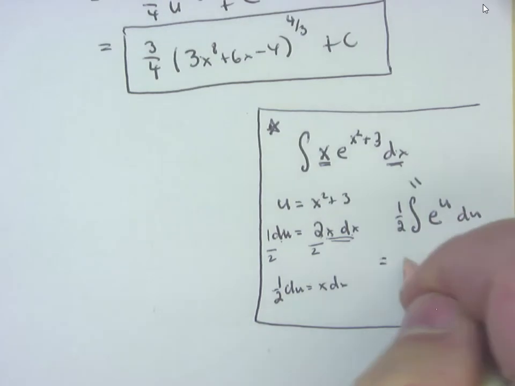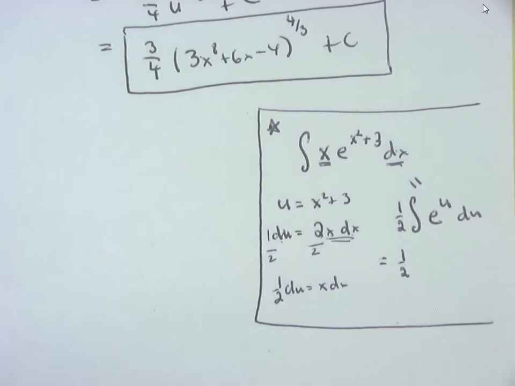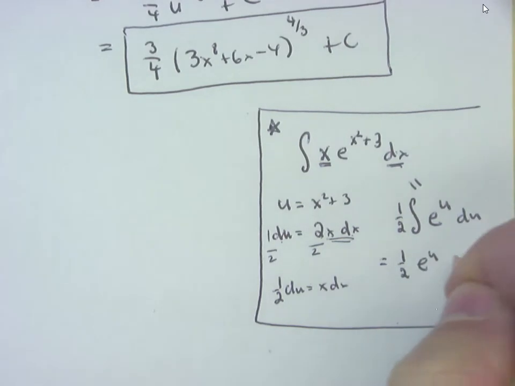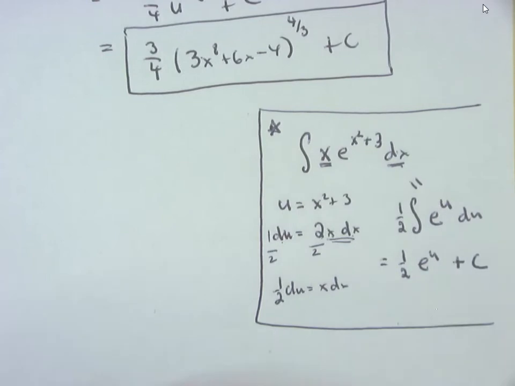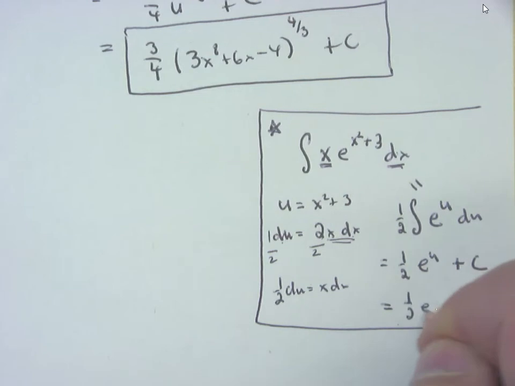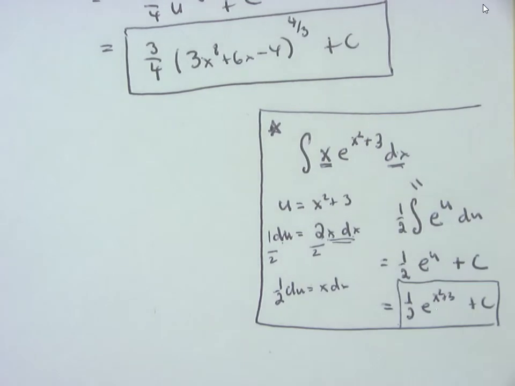So this is equal to 1/2. What is the integral of e to the u du? e to the u plus c, that's applying my formula. And then the last thing I'm going to do is back substitute. This will be 1/2 e to the u, which is your x squared plus 3, plus c, and there's my answer.